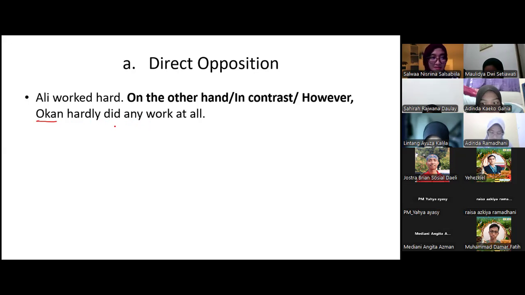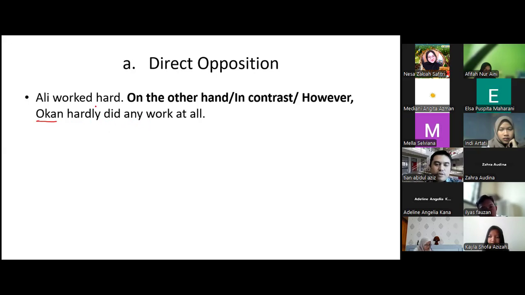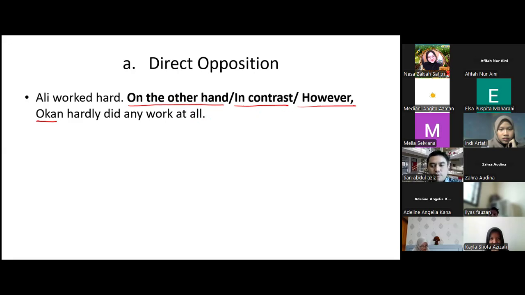He is not a good man, because maybe he is lazy. So we join these two different ideas using on the other hand, or in contrast, or however. You may choose one of these connectors. It depends on you.